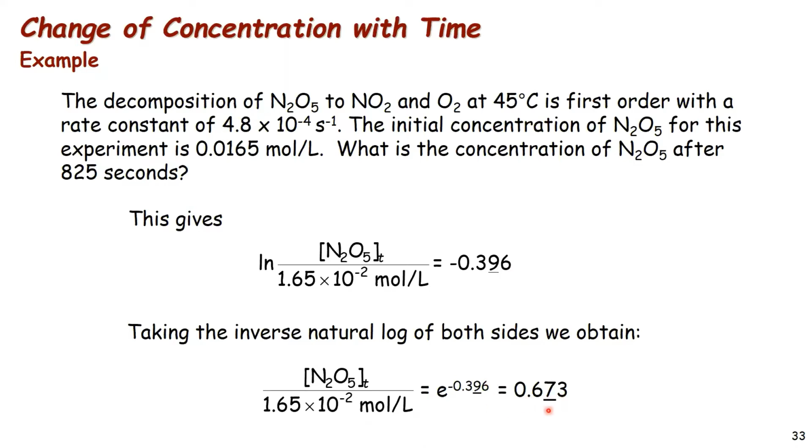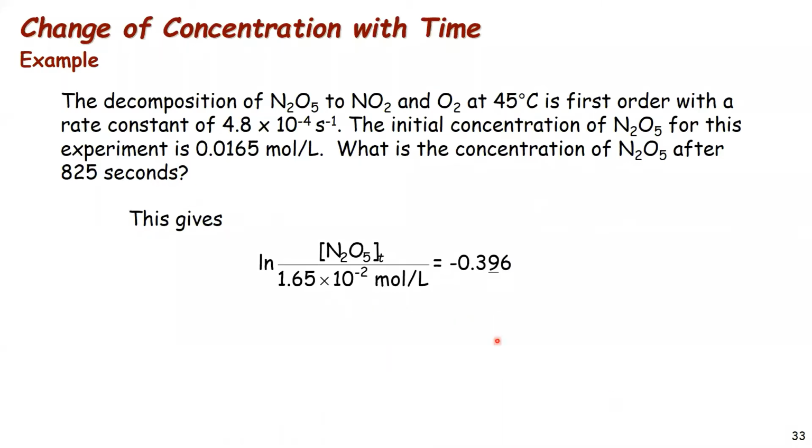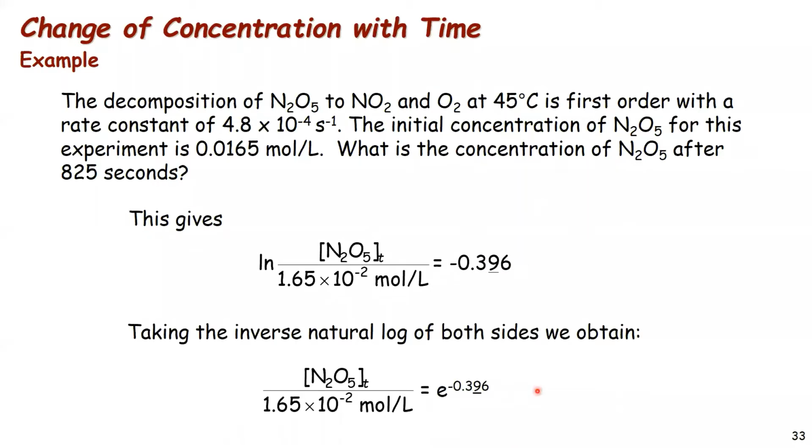Notice it went positive. Now all we have to do is multiply both sides by 1.65 times 10 to the negative 2, and notice that's where our units came from. Notice coming back here too, by the way, that our units canceled, because you cannot raise a number that has units. So the exponent can never have units.